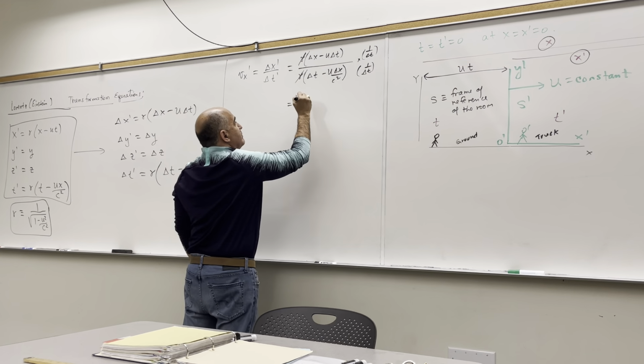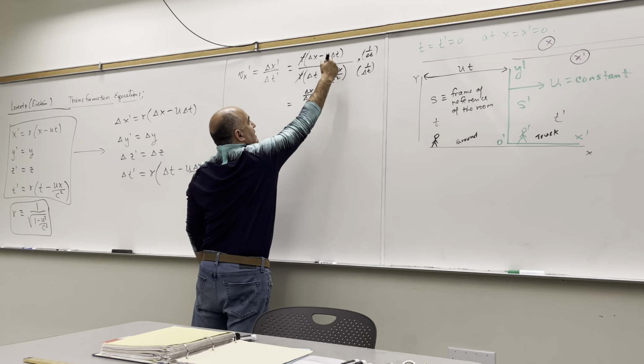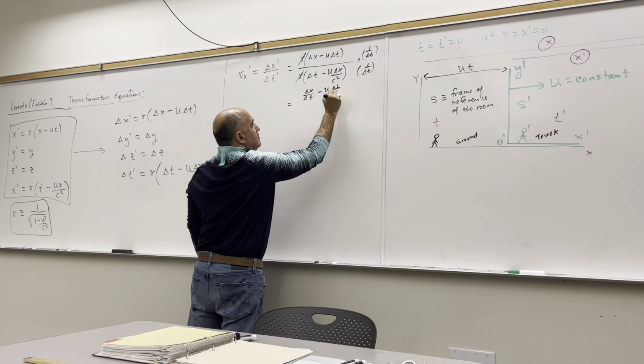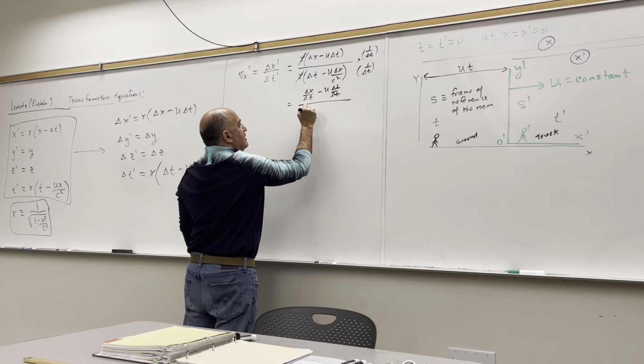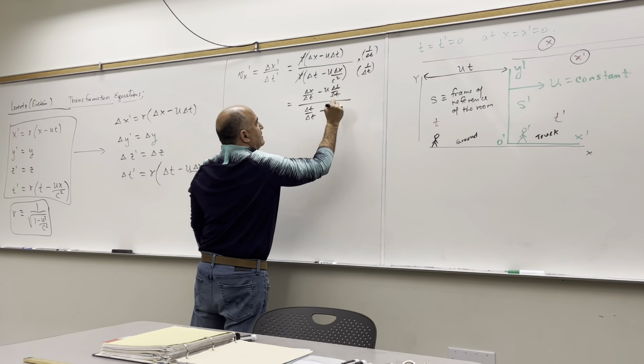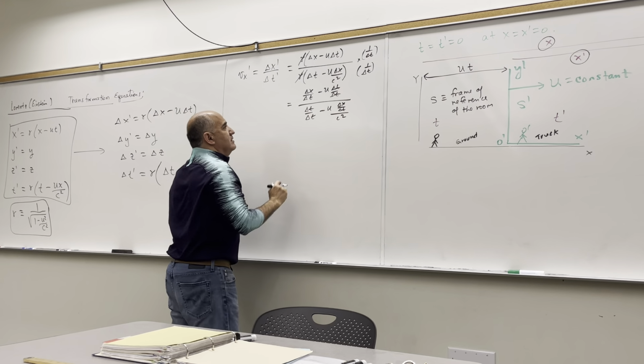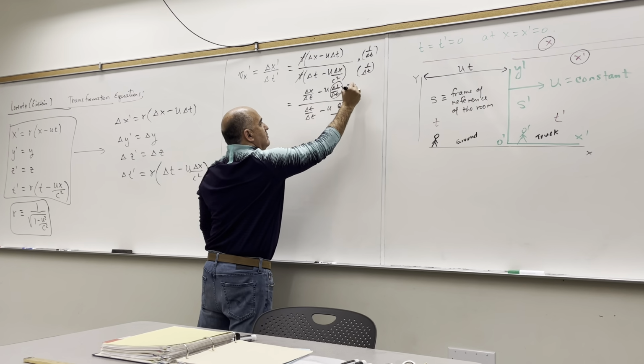So this would become delta x over delta t minus u, and then delta t over delta t, and in the denominator delta t over delta t minus u delta x over delta t divided by c squared, right? This is 1. This is 1.